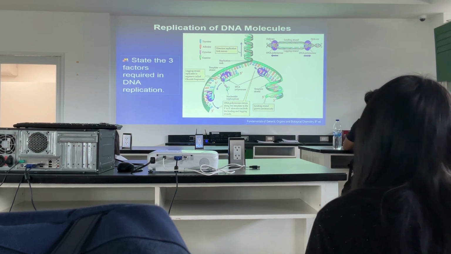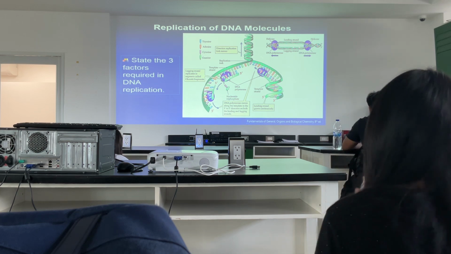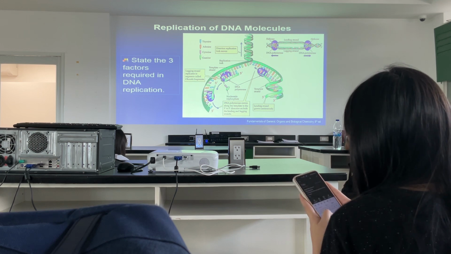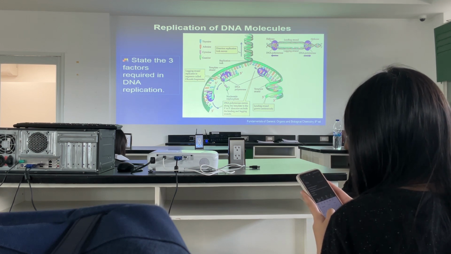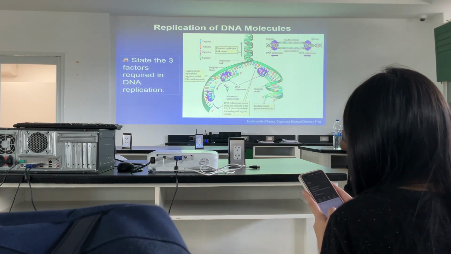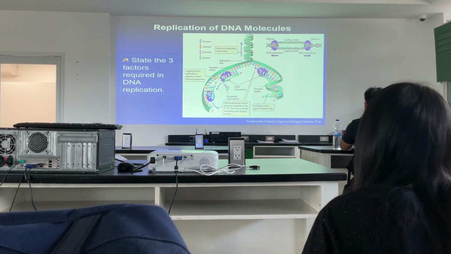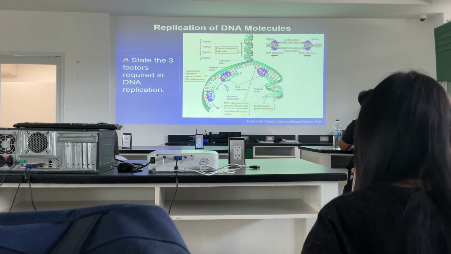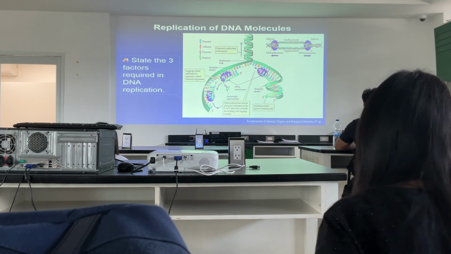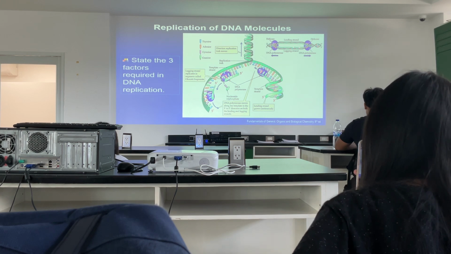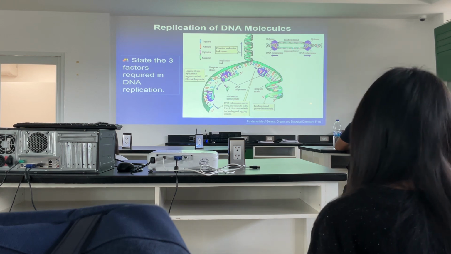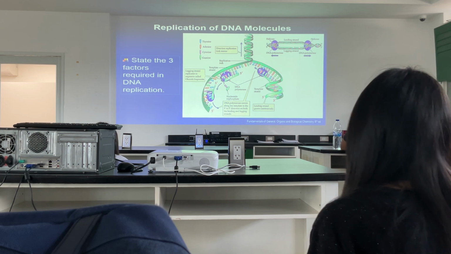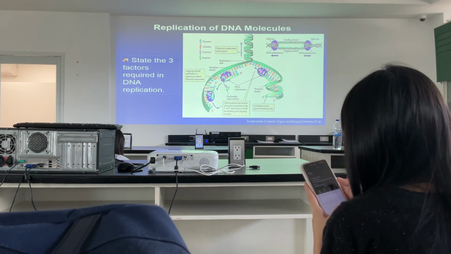And the other one is DNA topoisomerase, T-O-P-O, I-S-O-M-E-R-A-S-E. What's the catalytic activity of these topoisomerases? If the two strands unwind, there will be a tendency for the separated strands to coil, to undergo supercoiling.